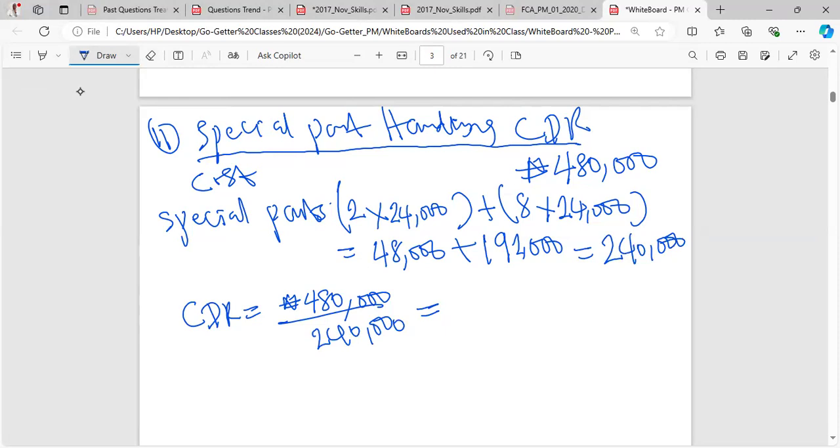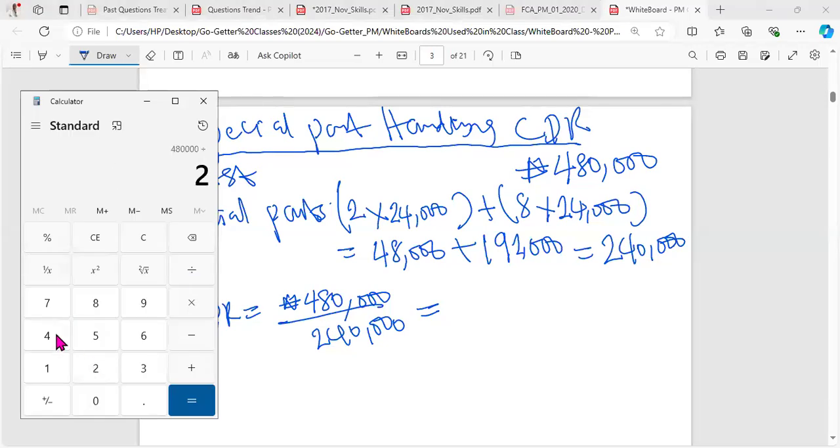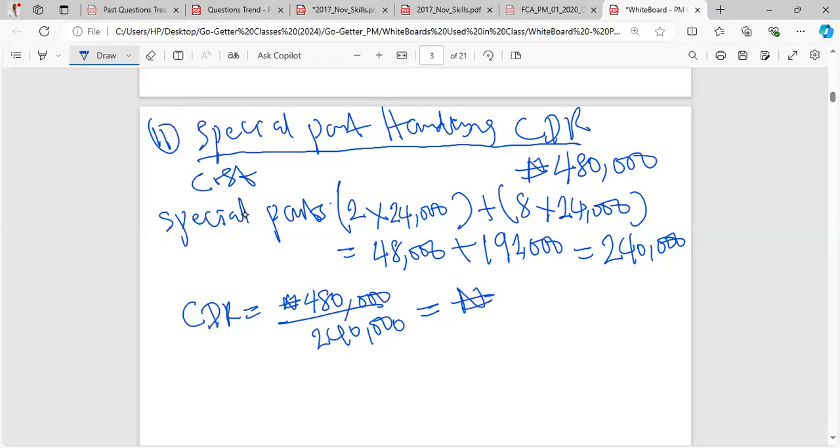That's fine. 480,000 divided by 240,000. That gives us 2. That's more like it. So your cost driver rate is 2 per special part.